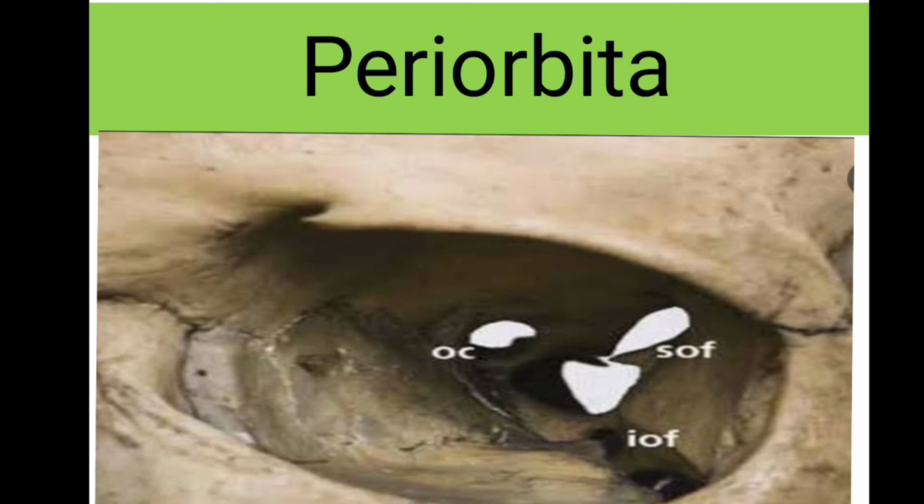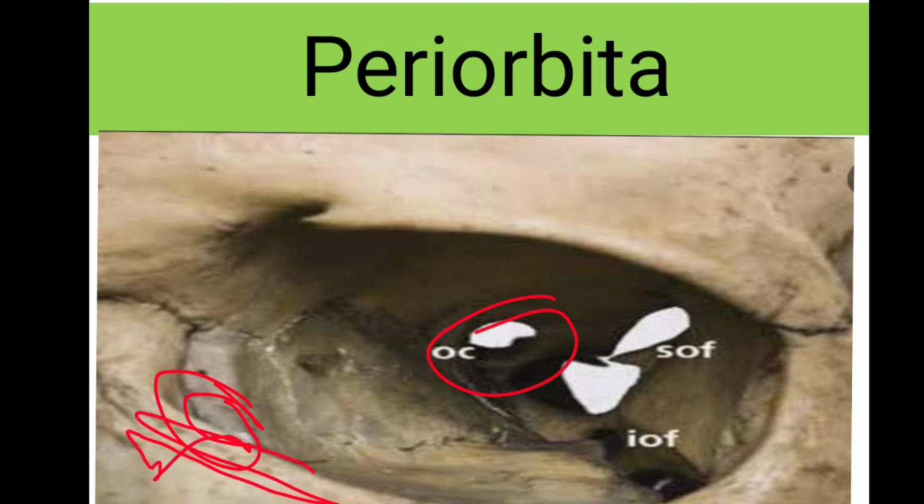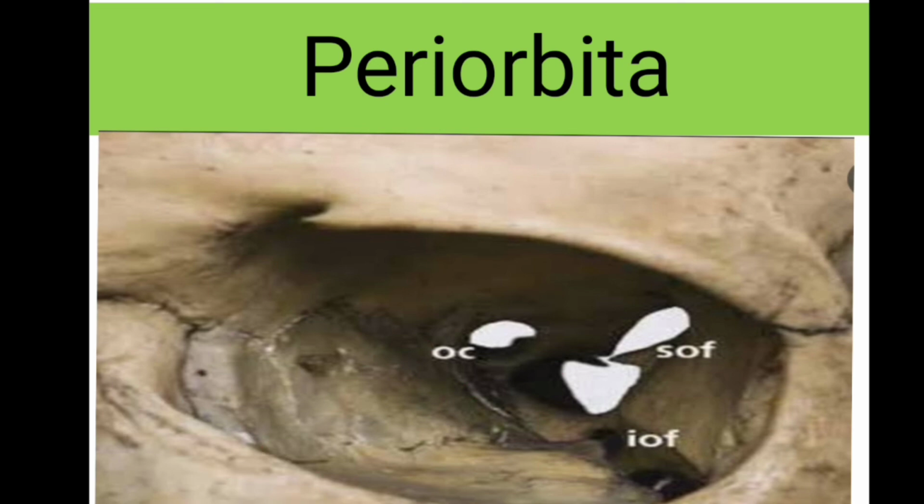At the optic canal, the dural sheath of the optic nerve is very closely attached to the periosteum, and anteriorly, if you come near the lacrimal bone, here the periorbita divides at the posterior lacrimal crest, then encloses the lacrimal gland, and then again unites at the anterior lacrimal crest. Then it gets firmly attached to the orbital rim. So this is about the periorbita.